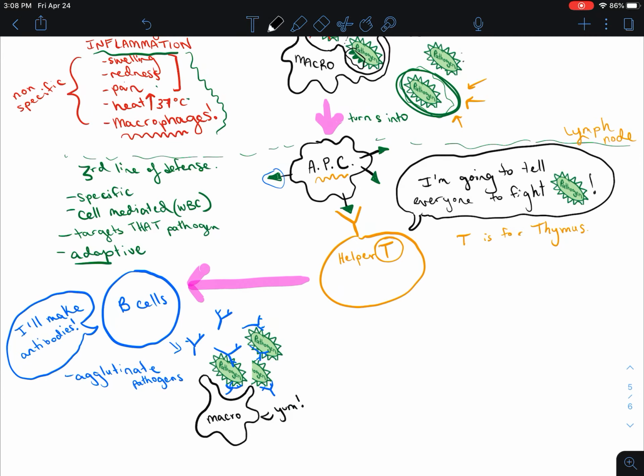Okay, and the other thing that the antibodies are doing is they're doing something called opsonization. Okay, so they opsonize the pathogen clump, which means that it makes it really delicious for the white blood cells. Is kind of the best way to think of it. It's kind of like if you have popcorn at the movie theater.